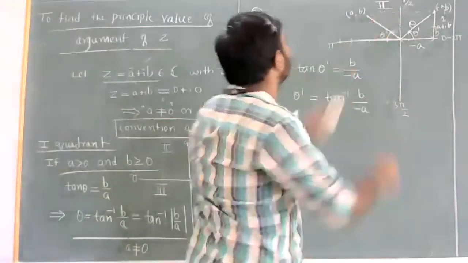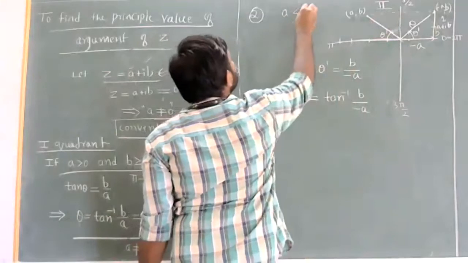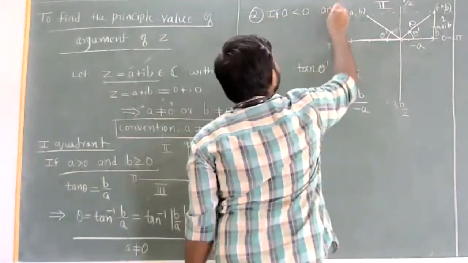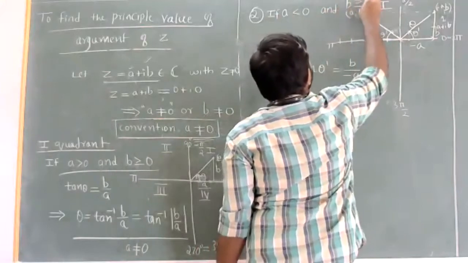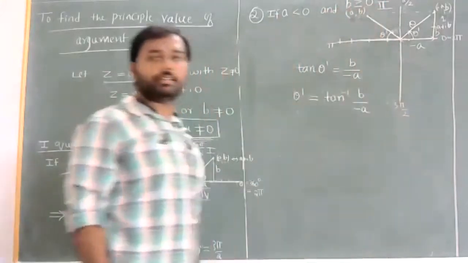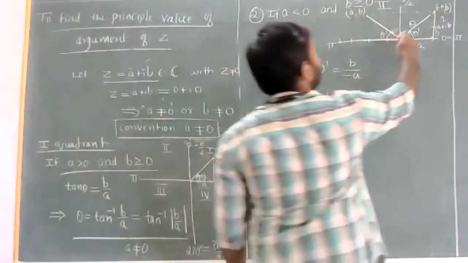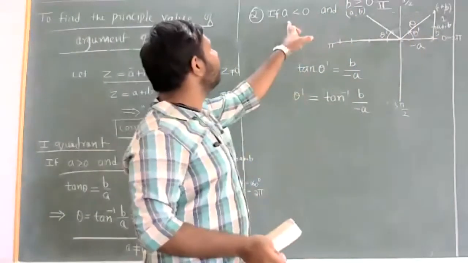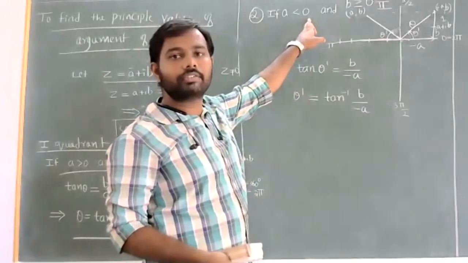So in the second quadrant, A will be negative and B will be non-negative. B will be greater than or equal to 0, A will be negative. So whenever A is negative, what is modulus of A?